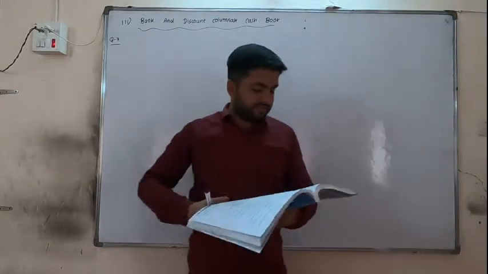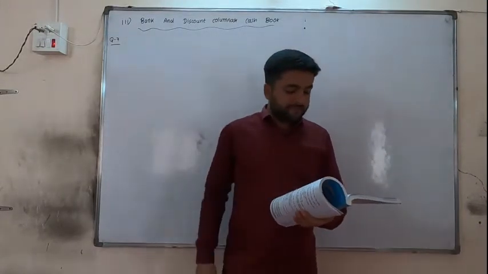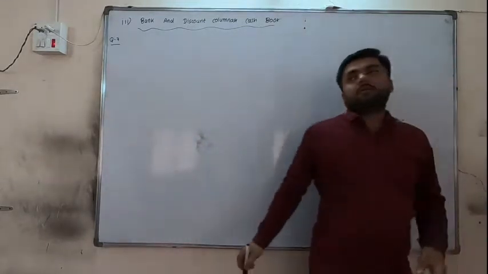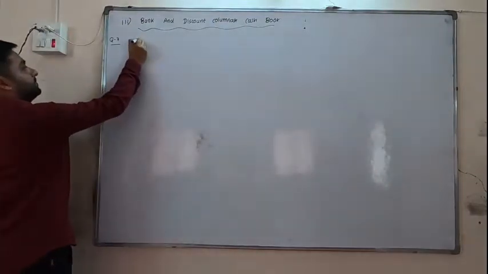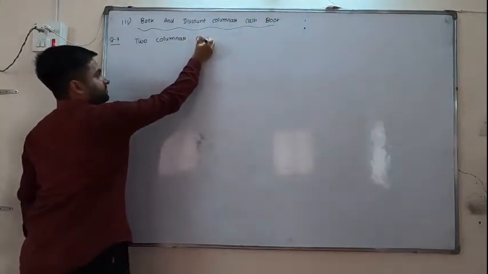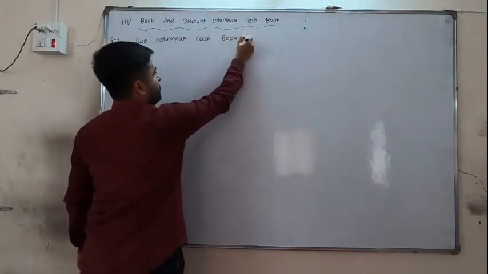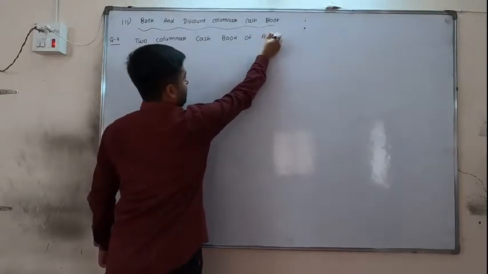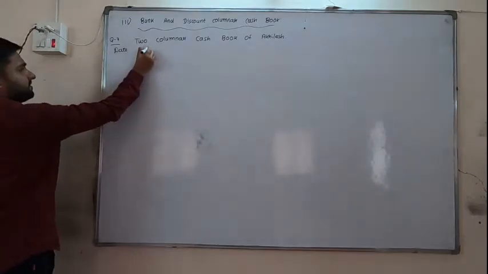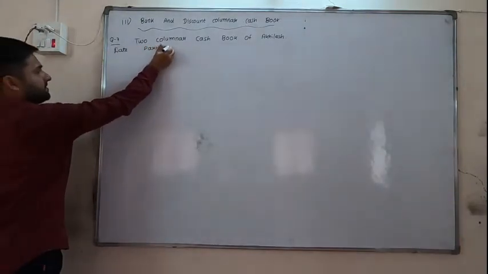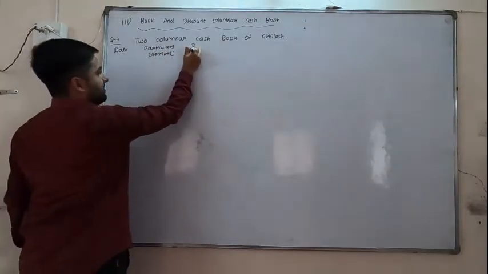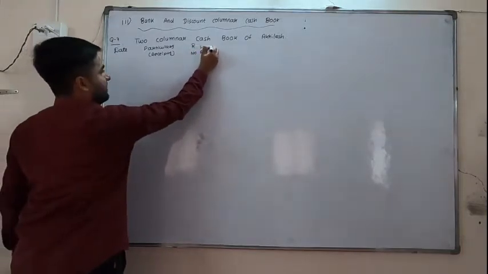Okay. Now in question number 7, from the following transactions prepare bank and discount columnar cash book of Akhilesh. Okay. Let's prepare. Two columnar cash book of Akhilesh. For that, date, particulars. Here particulars are our receipts. Then receipt number, LF.